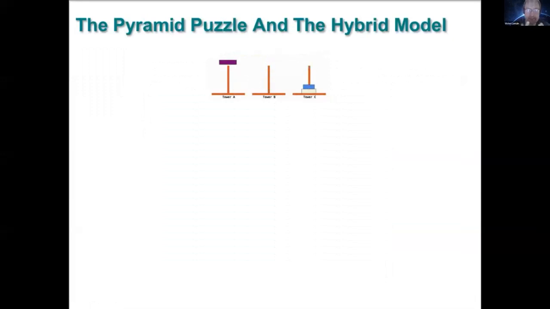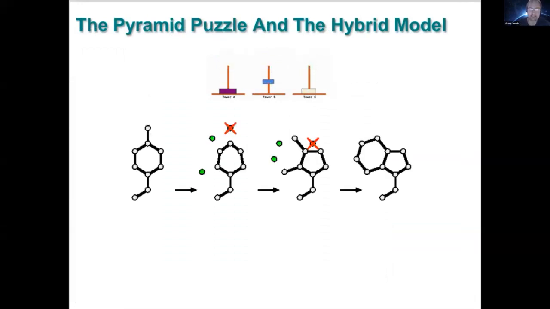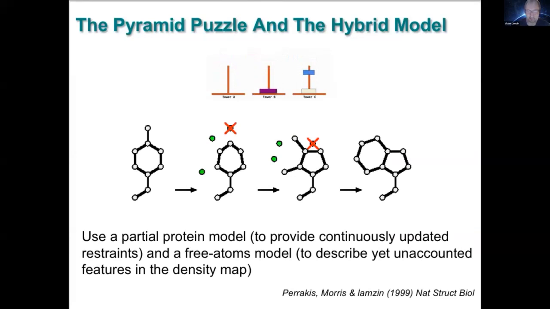What came then, that it became obvious that, like in this pyramid puzzle, also called the Towers of Hanoi, the easiest way to move an atom or a part of the structure somewhere else is not to move it actually, but to delete it and rebuild at a new place. And this schematic picture shows how that could in principle be realized, that a sidechain of tyrosine could be changed to a different sidechain by some atoms added, some moved during the refinement, some removed.